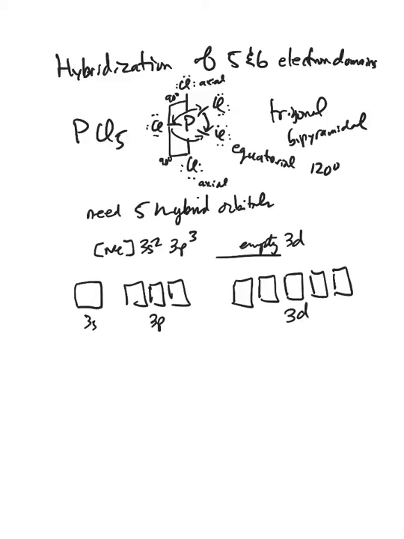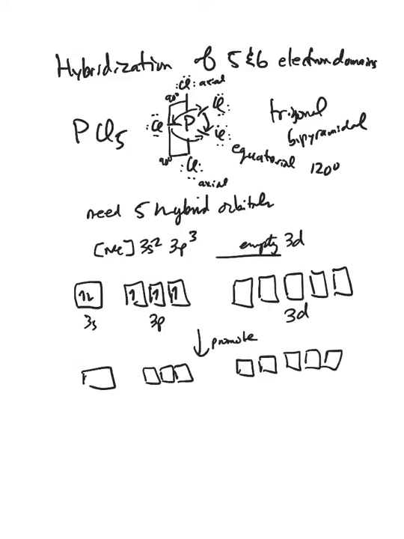So the 2 electrons in the 3s2, an electron in each of the 3p orbitals. We're going to promote an electron from the 3s up to one of the 3ds. So it takes a little bit of energy to do that, to unpair it.